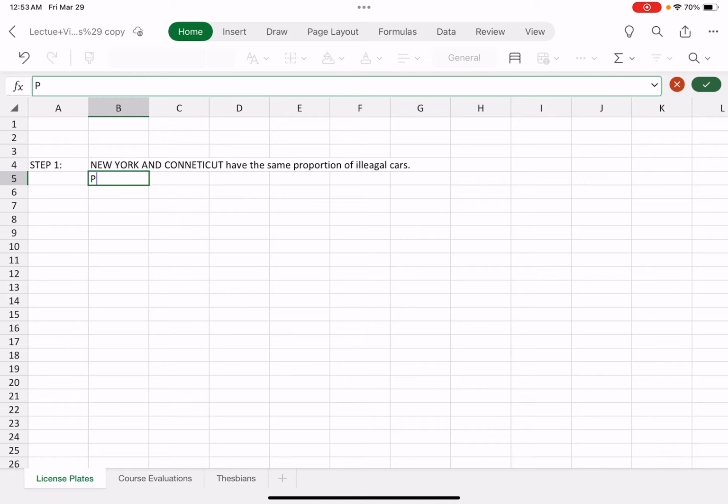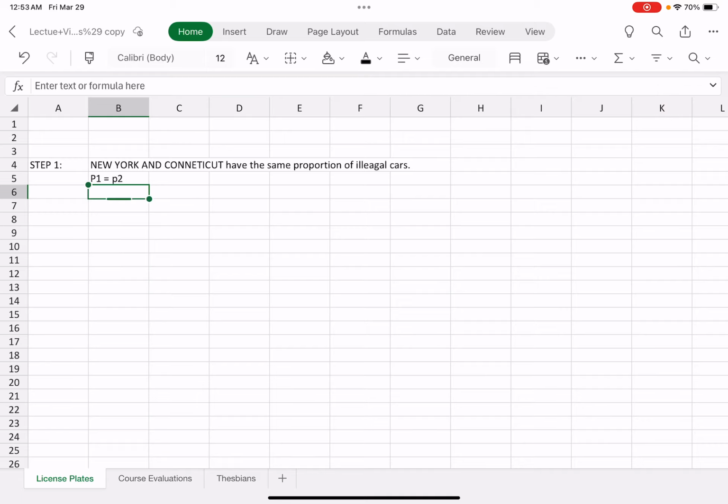The notation for that one is P1 equals P2.